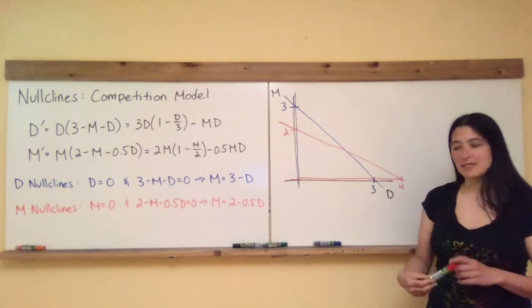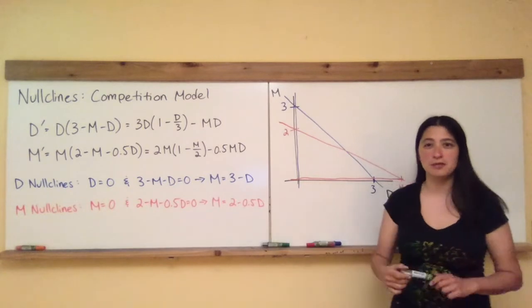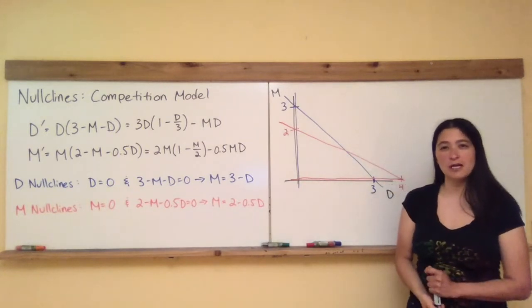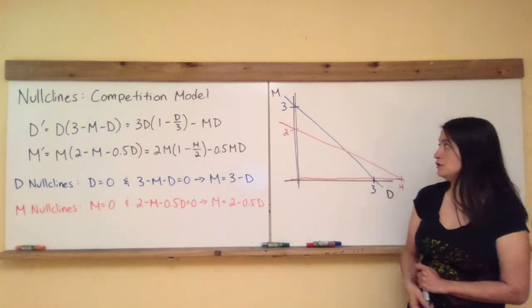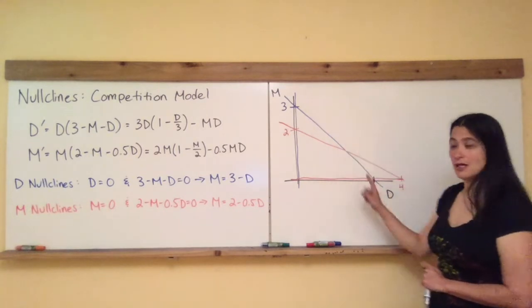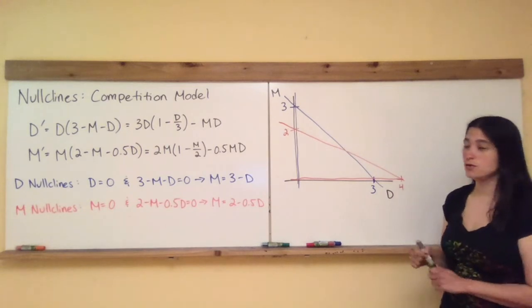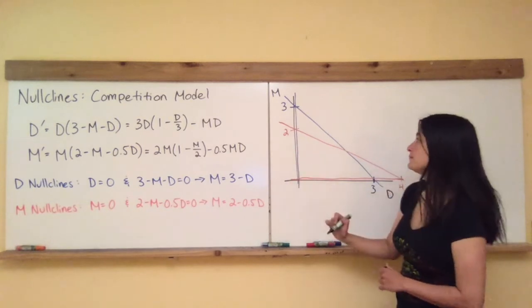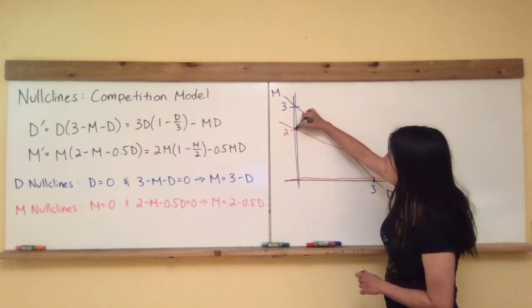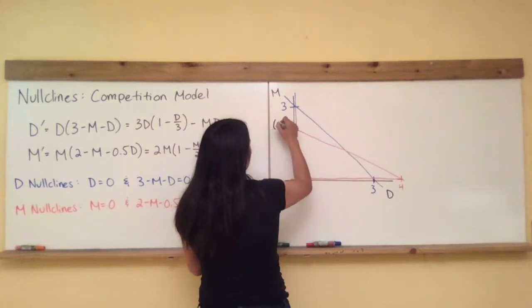And now that I've got my nullclines drawn on, I can easily see the equilibria points, which is everywhere that a red line intersects a blue line. Don't get tricked. Don't pick this point, and don't pick this point over here. It's got to be one of each color in order to have both of these equations being equal to 0 at the same time. So that first point there is going to be the point 0, 2.